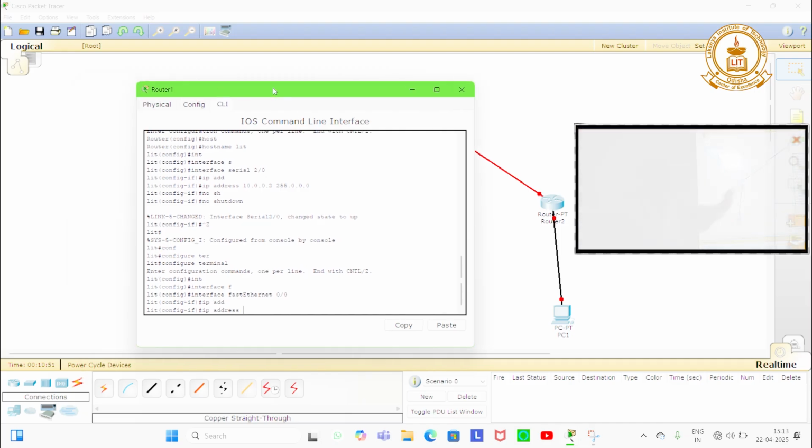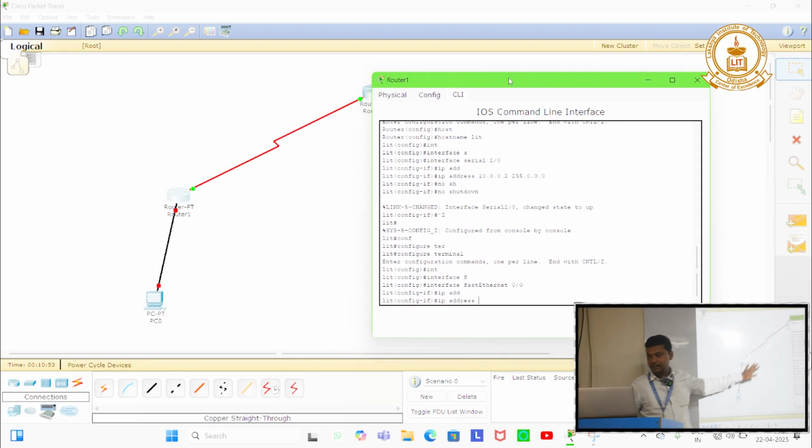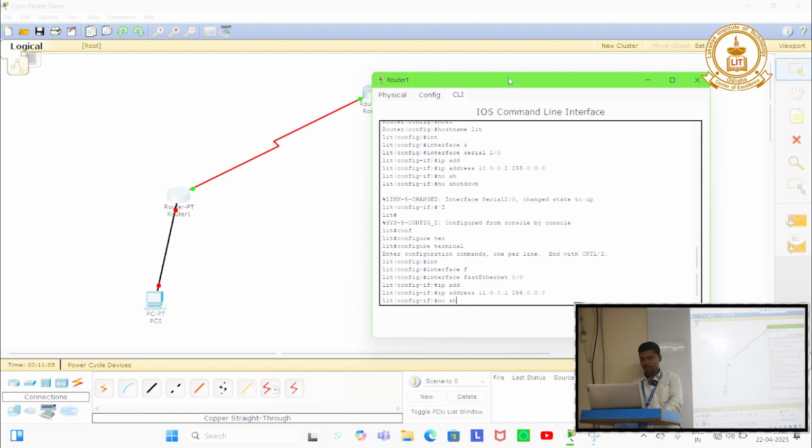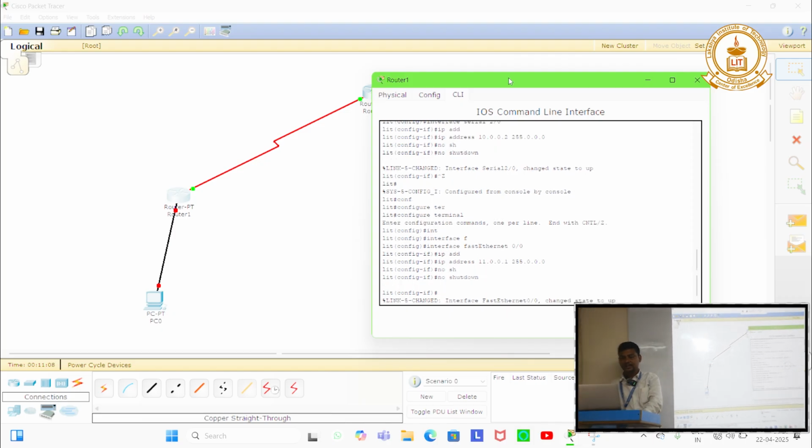First is your 10.0.0.0 network and this is your 11.0.0.0 network. 11.0.0.1, subnet mask 255.0.0.0, then no shutdown, so the link is off.